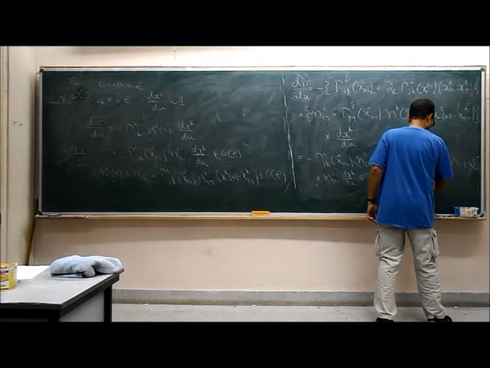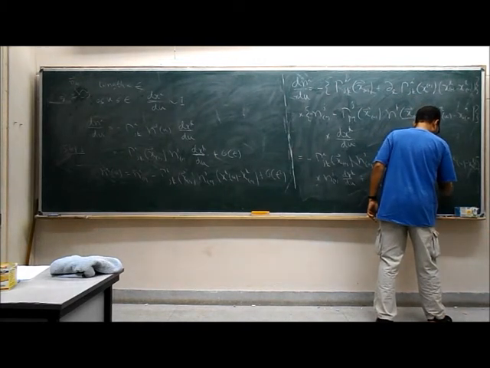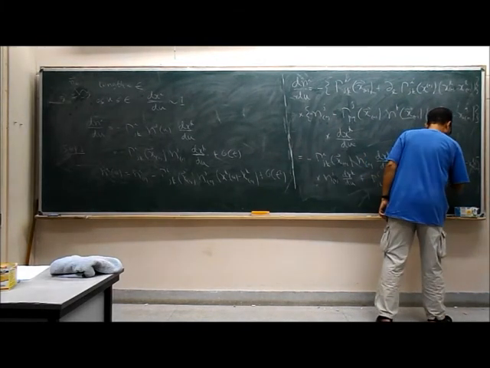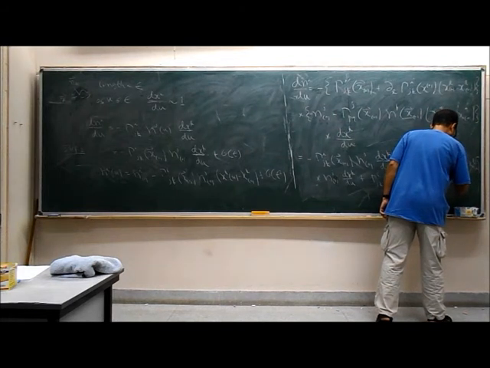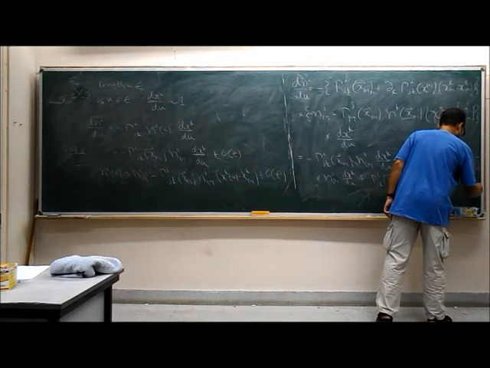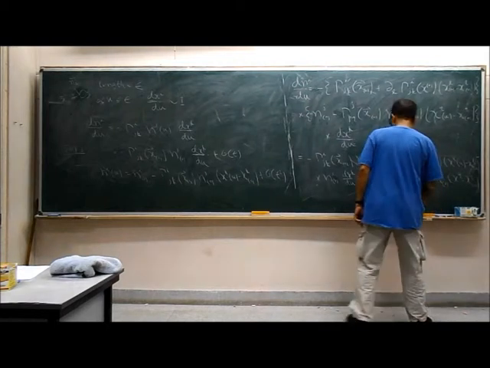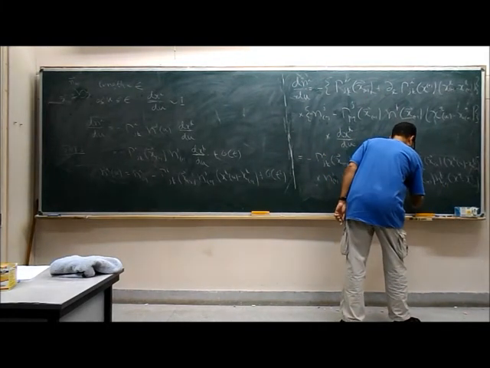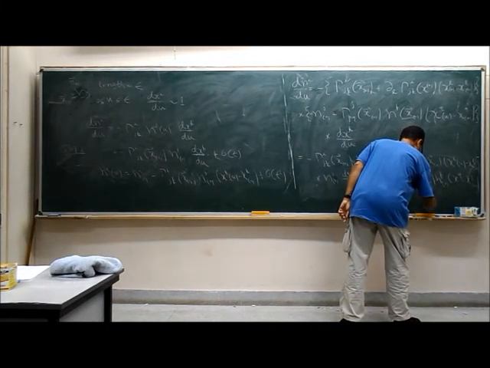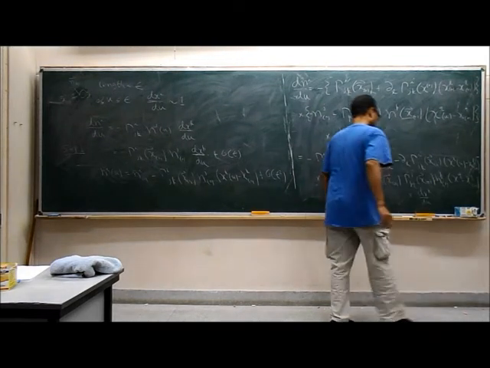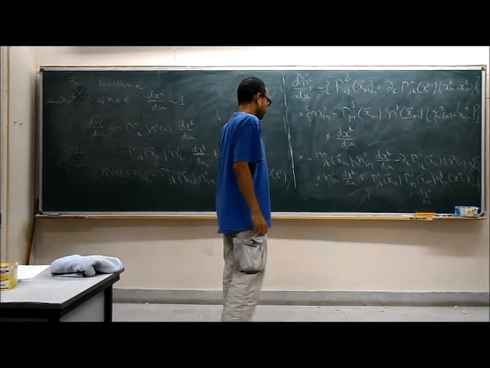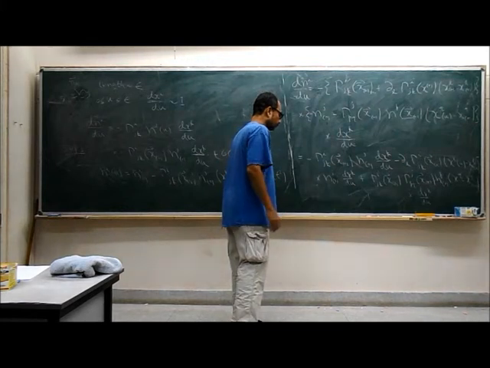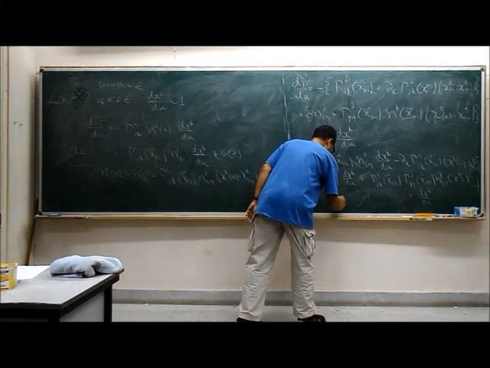Let me call it np naught, np of x naught over there, times x q minus x q naught, times dx dt. Plus order epsilon square.